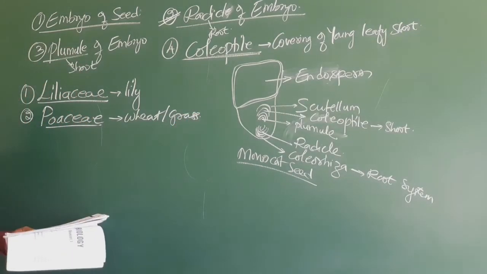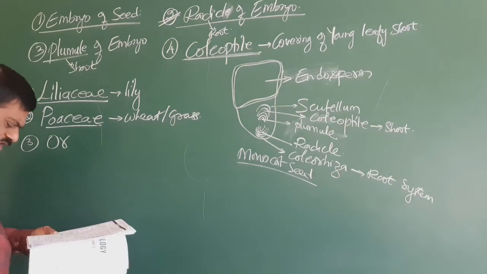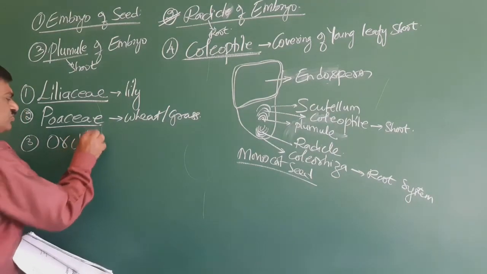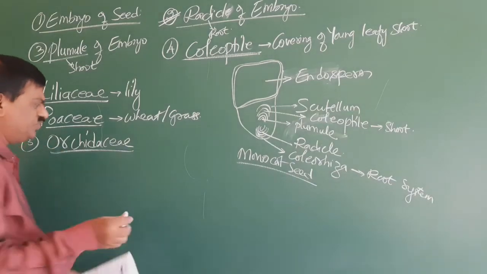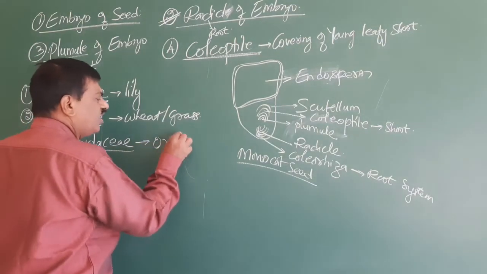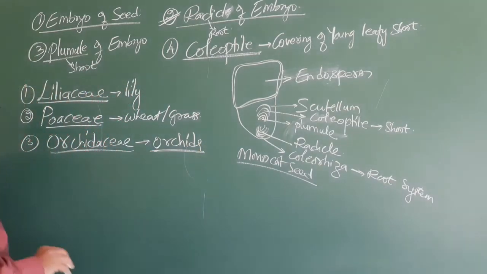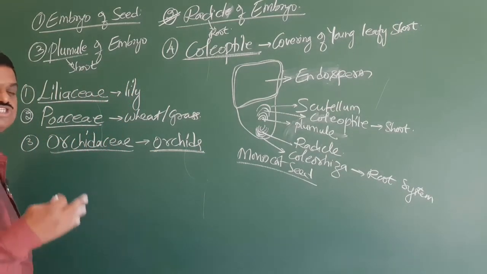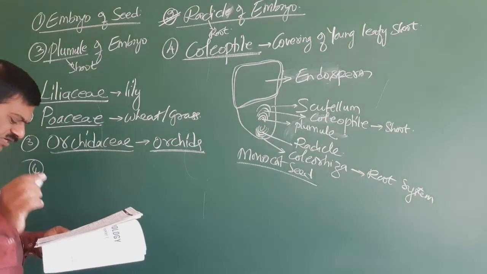The third one is Orchidaceae. Here there is a presence of orchids, the flowers which bloom once in 6 years, 8 years, 12 years, like that. Different types of orchids are present.